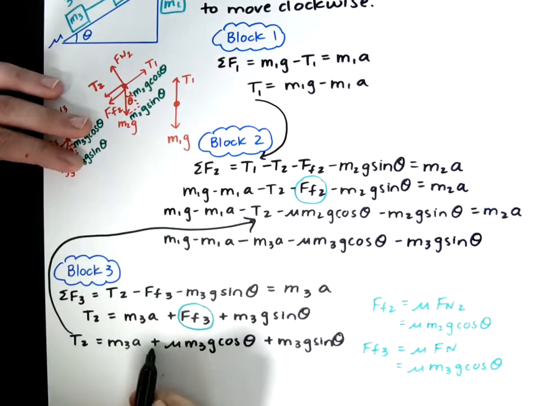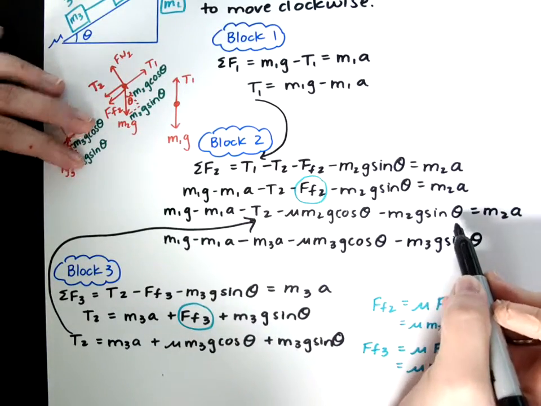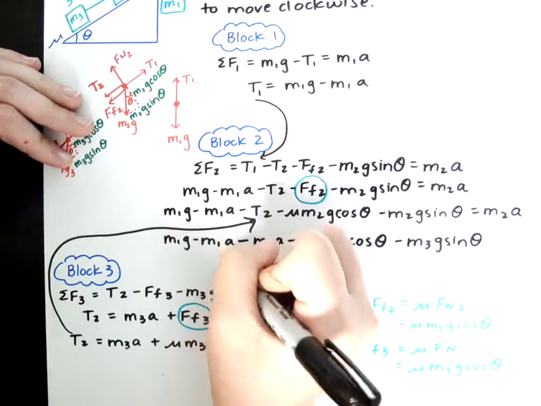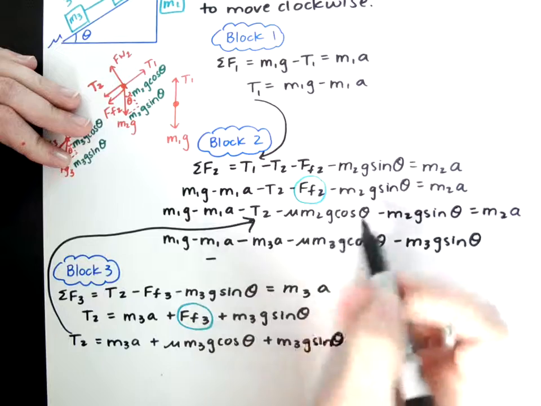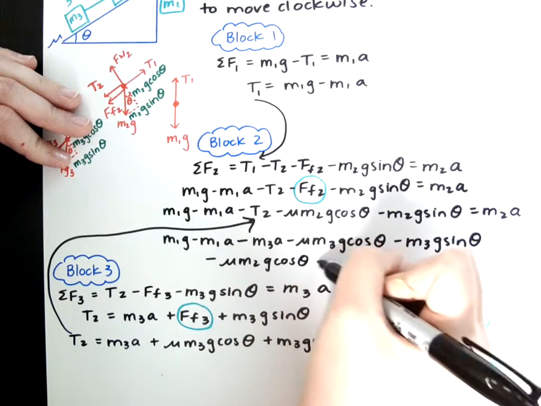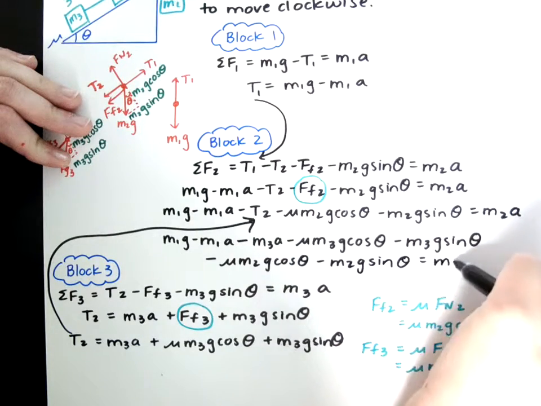So that's all T2. Now we have to continue the original equation, and I will continue it on this line right here. So I'll just write it further down. Minus, we left off right here, mu M2G cos theta minus M2G sine theta equals M2A.